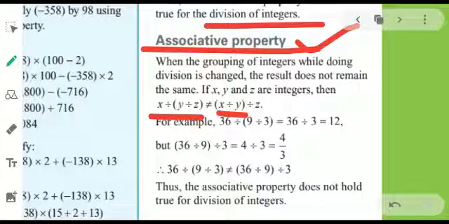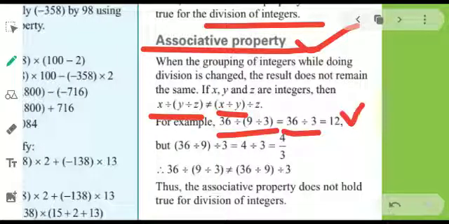If we take 36, 9 and 3, for example, 36, 9 and 3 are three integers. First we take the group of 9 and 3. You have to solve the bracket first. If you solve 9 divided by 3, you get 3. Now 36 divided by 3, you get 12. Now if we change the group, we take the group of 36 divided by 9.